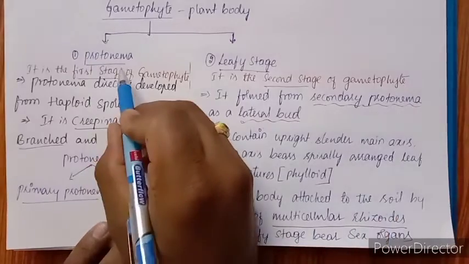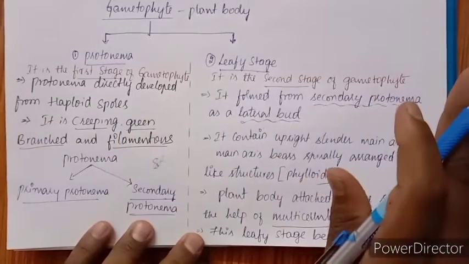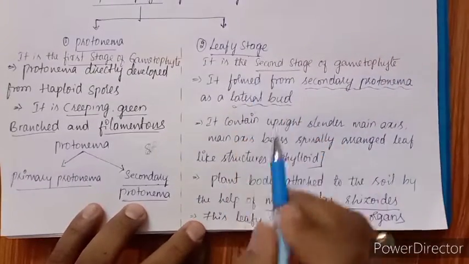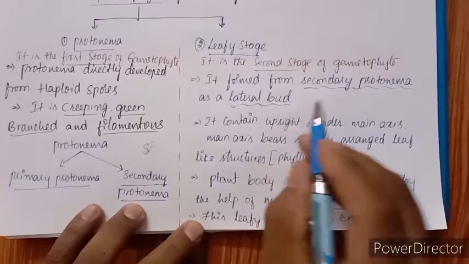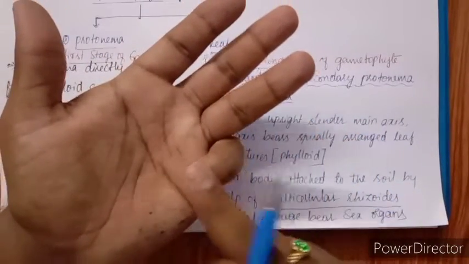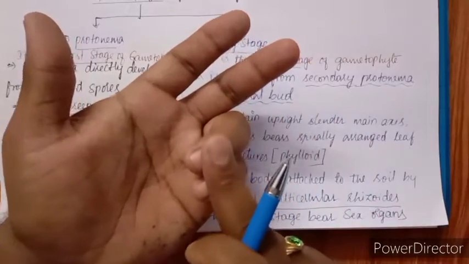Protonema does not produce any reproductive structures, but the leafy stage produces the sex organs: the male reproductive structure called antheridia and the female reproductive structure called archegonia.